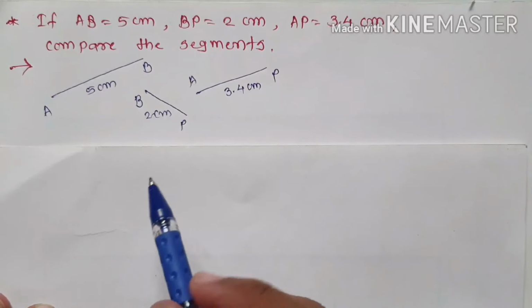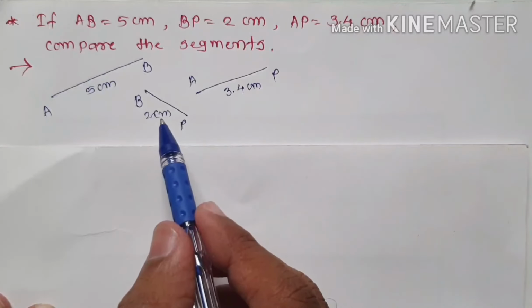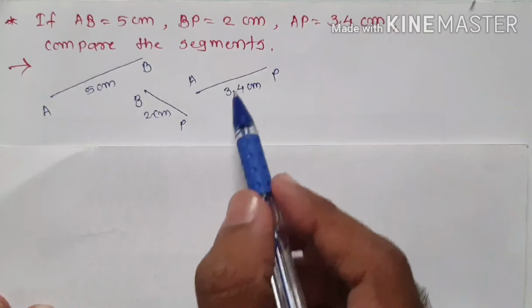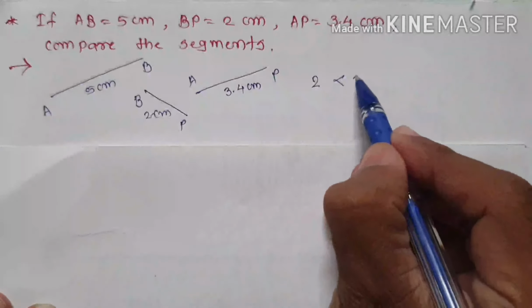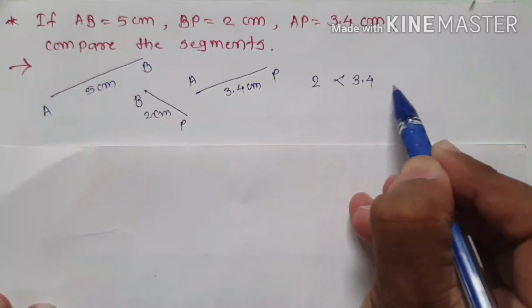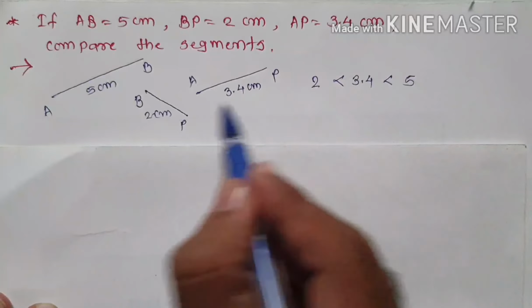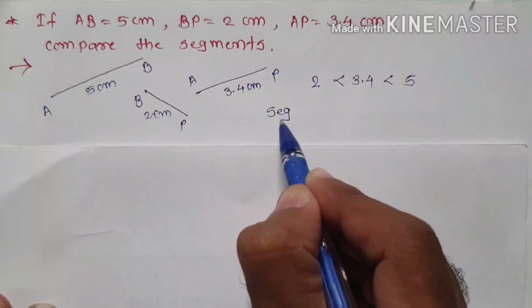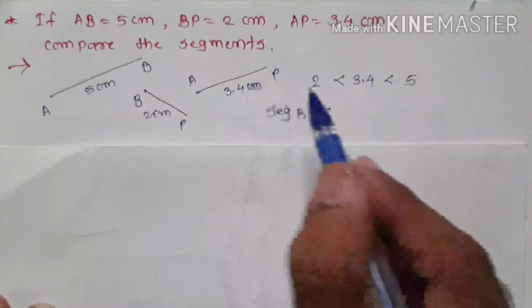As the length of segment BP is 2 cm, which is the smallest among these three segments, 2 is smaller than 3.4, which is smaller than 5. So 2 is the length of segment BP, therefore segment BP is the smallest segment among all three.